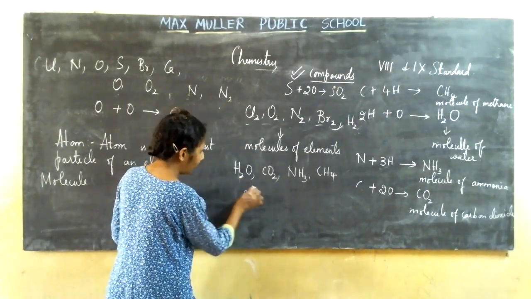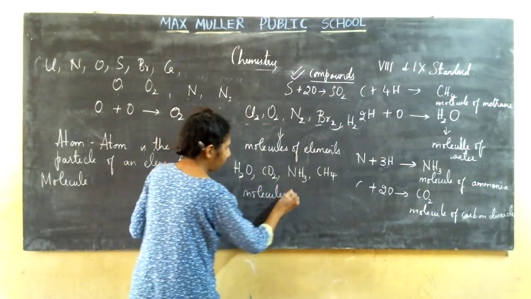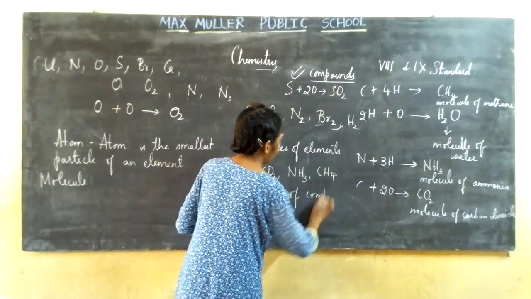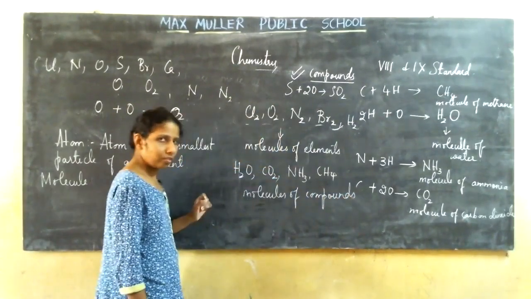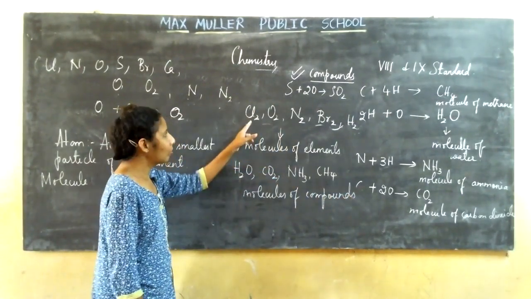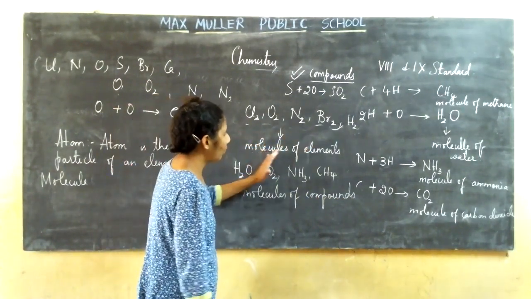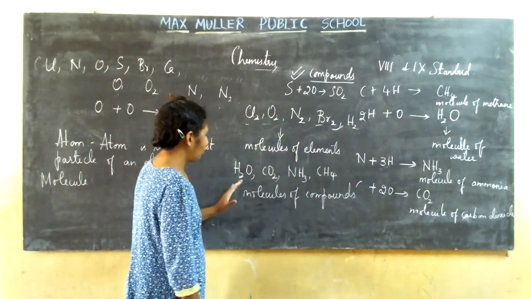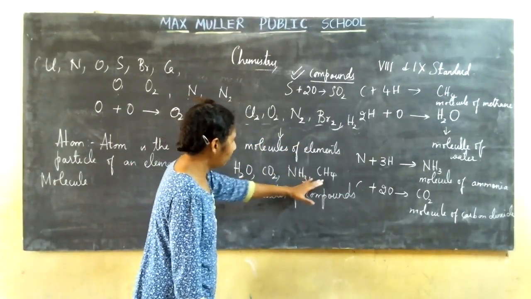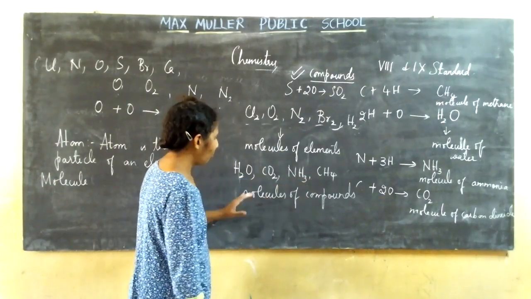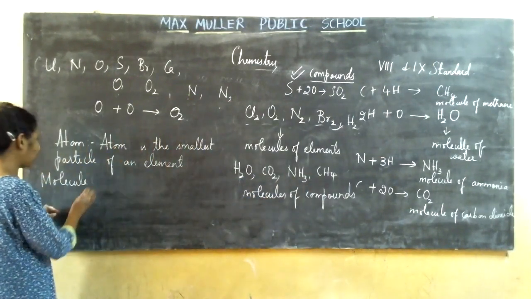So they represent molecules of compounds. Chlorine, oxygen, nitrogen, bromine are molecules of elements, and water, carbon dioxide, ammonia, methane are molecules of compounds, isn't it?